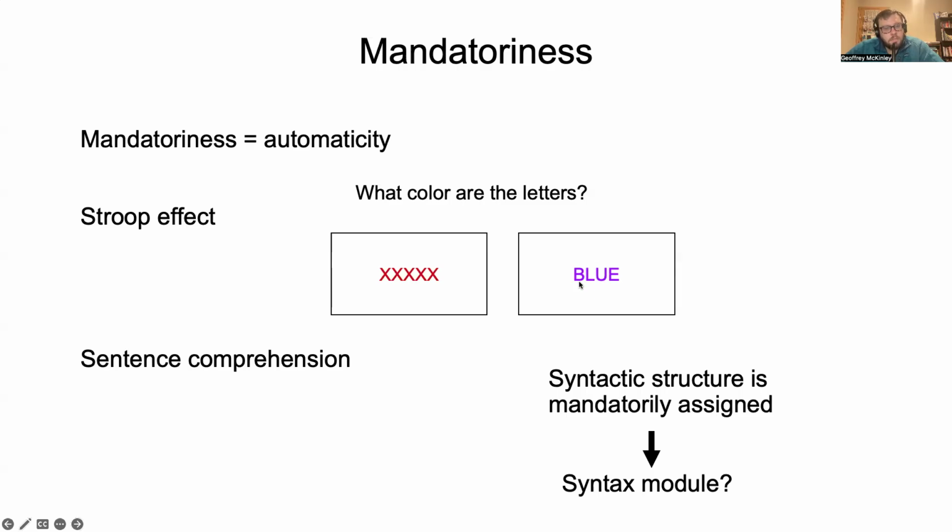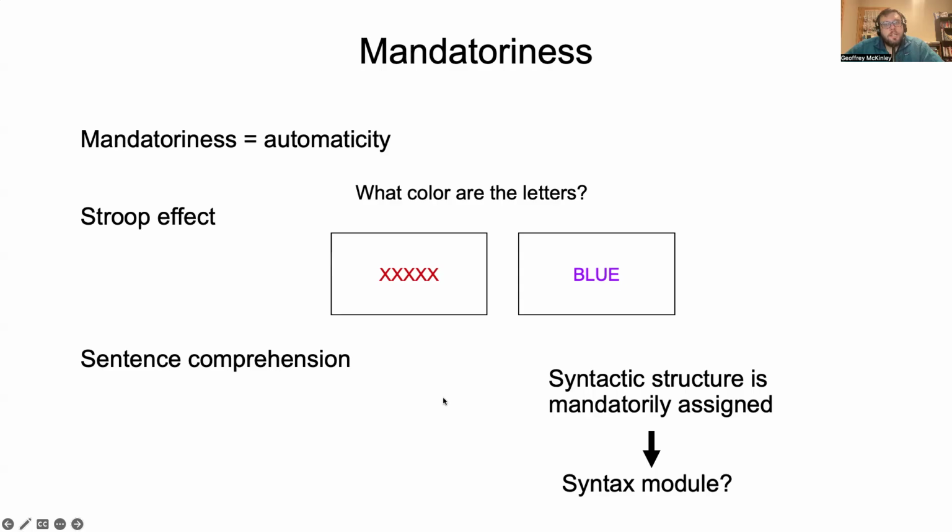It would take them a little bit longer to say purple. And the reason is because our skill of reading is so automatic that it sort of interferes with our ability to name the ink of the word.